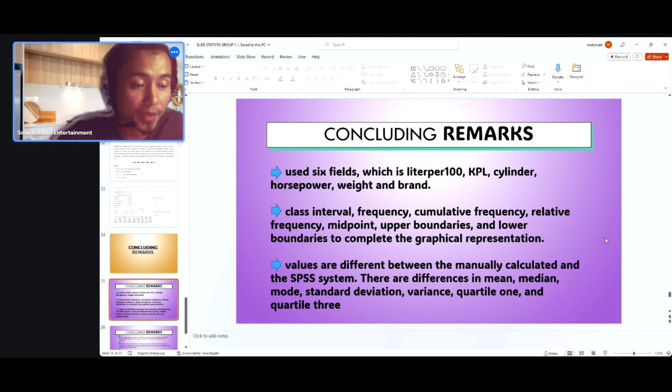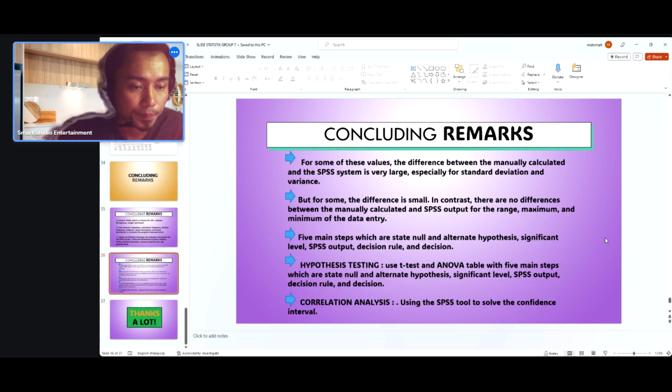Values are different between the manually calculated and the SPSS system. They are different in mean, median, mode, standard deviations, variance, quartile 1 and quartile 3.